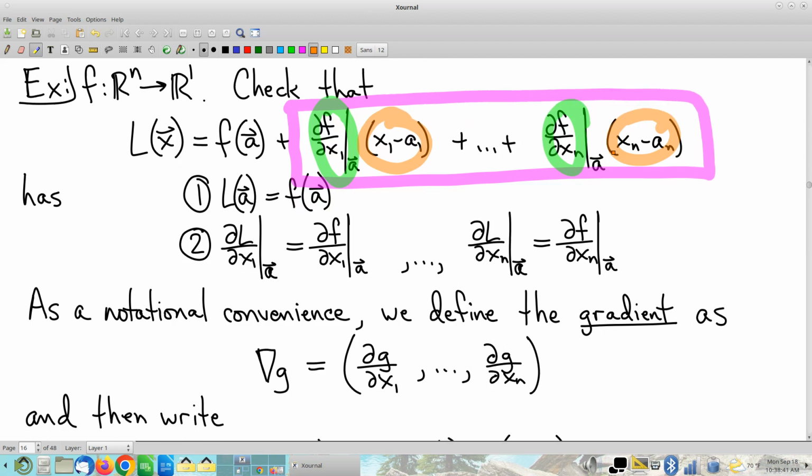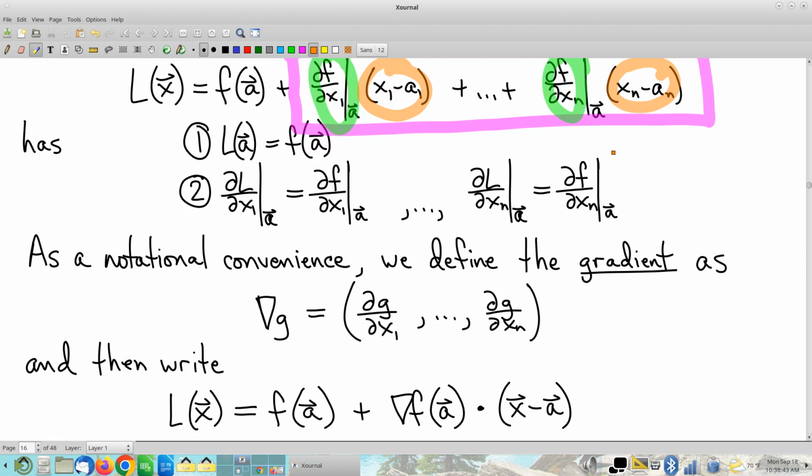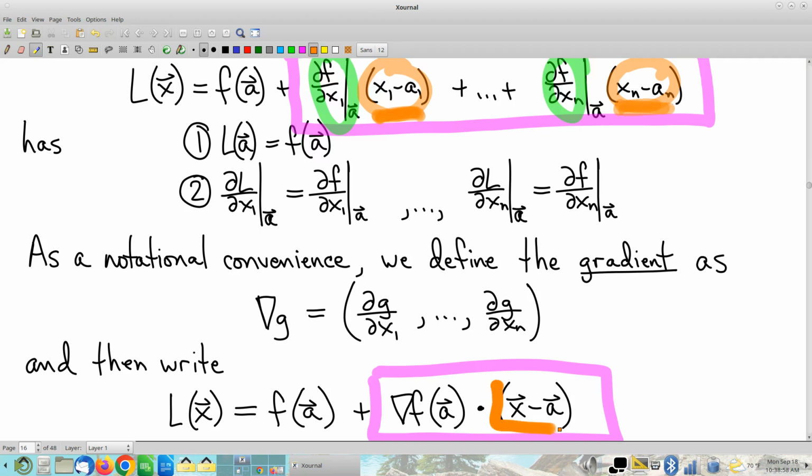So the big idea here, let's see if I can squeeze all that. Yeah, this will all fit. Big idea is to say, all right, I'm going to write it as a dot product. This is what we're about to turn it into. What I have in orange here, all of these orange terms together, is literally just the coordinates of the vector x minus a.